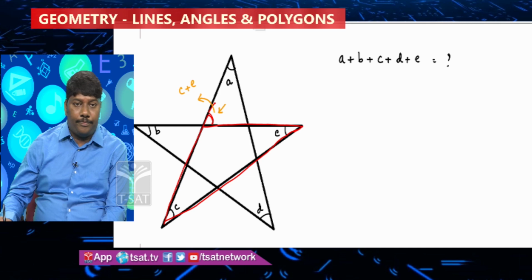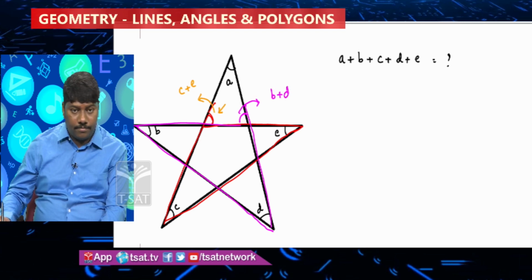In the same manner, look at this pink color one. Now look at this pink color triangle. Now this becomes the external angle for this pink color triangle, and what is this angle? Angle B plus angle D. Therefore it forms a triangle.